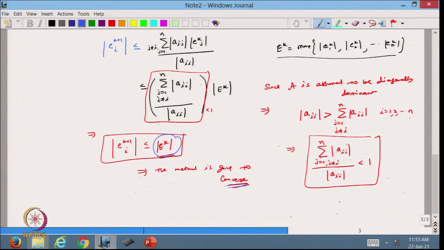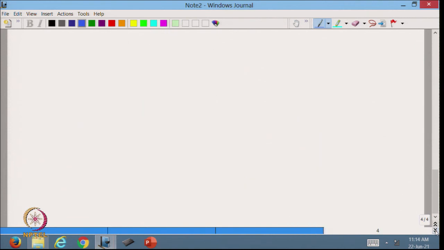So, that is the way we have a sufficient condition: if the given matrix is diagonally dominant, then the Gauss-Jacobi method is going to converge. In the same way we can have the Gauss-Seidel method. So, this is one of the applications of the diagonally dominant matrix.